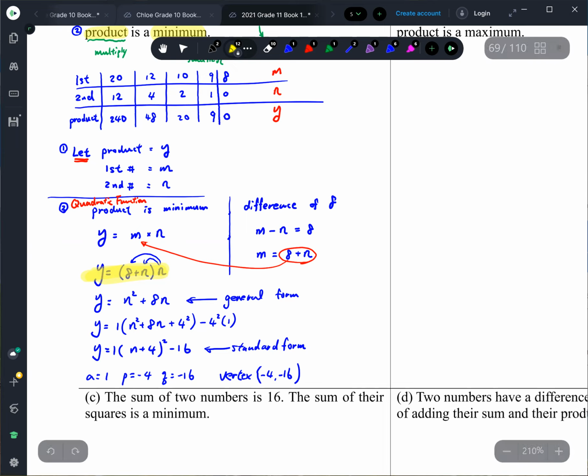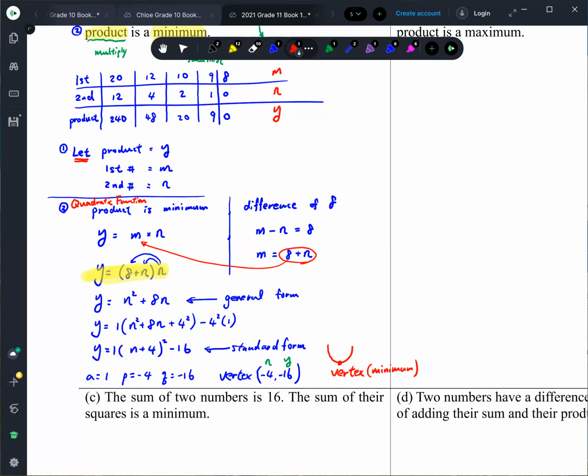So your vertex represents the n and the y. Okay, and this one opens up, right? Because a is positive. Because it opens up, it should be a minimum. So we have a minimum value of -16, which happens at n equal to -4.